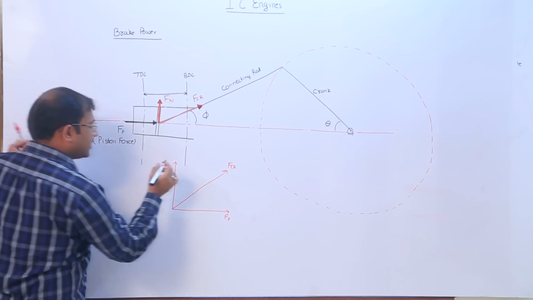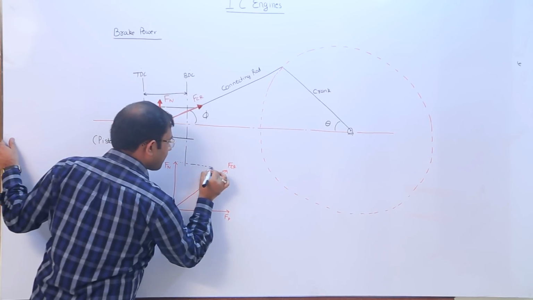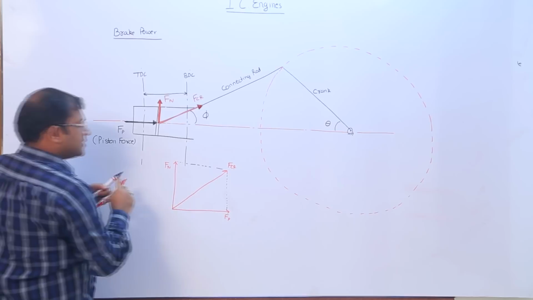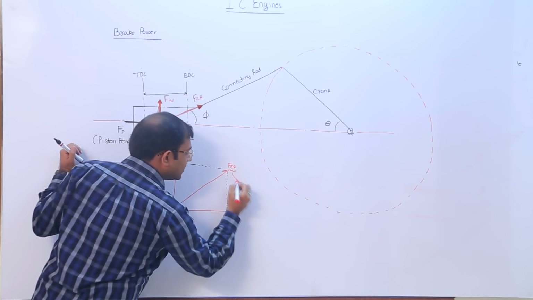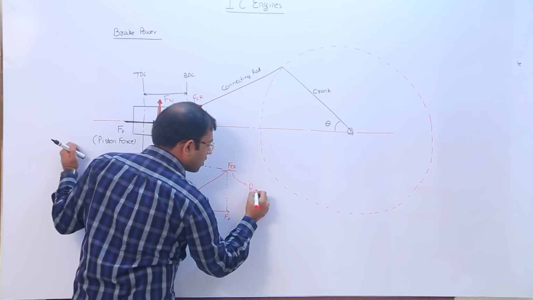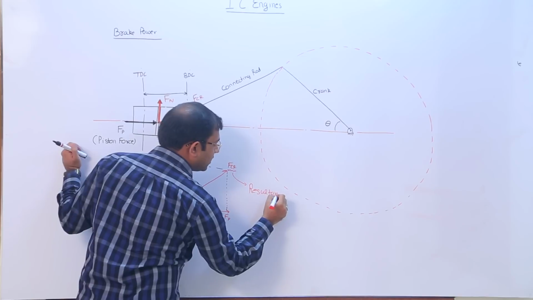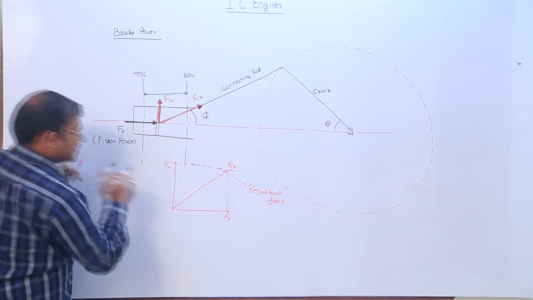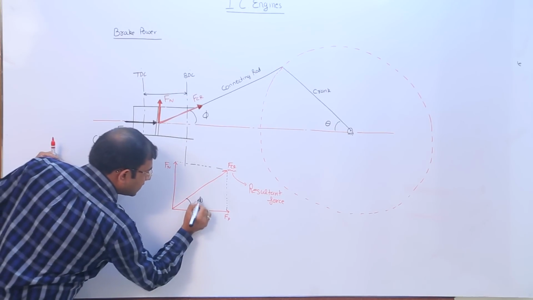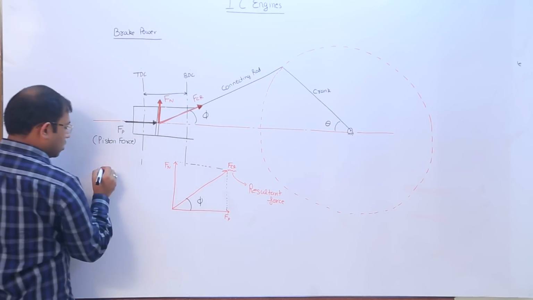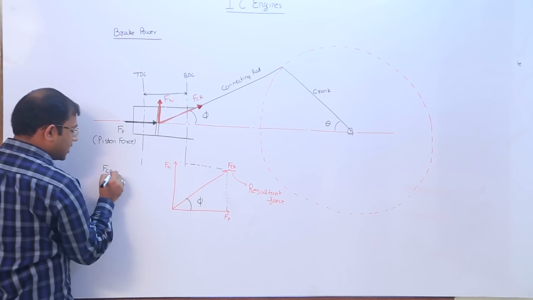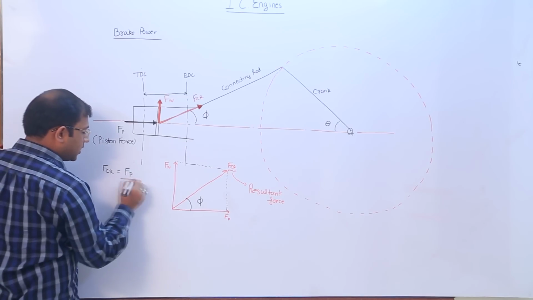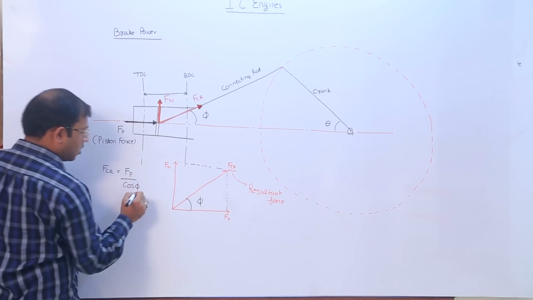So what we can see is that this FCR is nothing but your resultant force, and this angle is nothing but your phi. So your FCR can be simply written as your Fp upon cos phi.